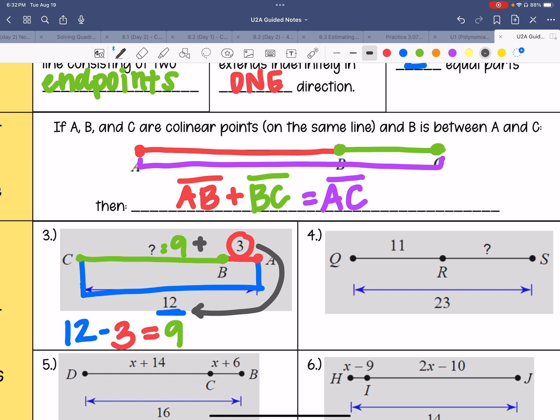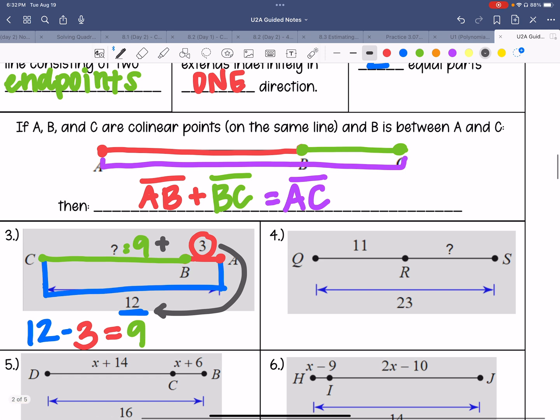All right, same thing for number 4. We are given that from Q to S, our entire segment is 23 units long. And then we are also told that from Q to R is 11 units, and we want to know how long RS is if we know the entire segment has to be 23.